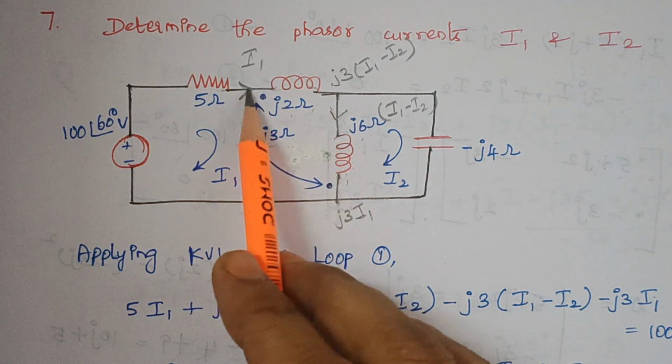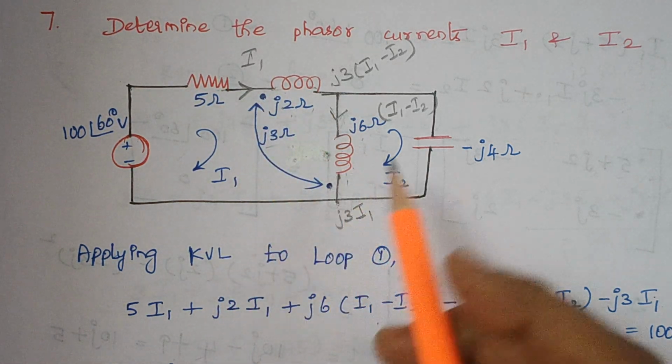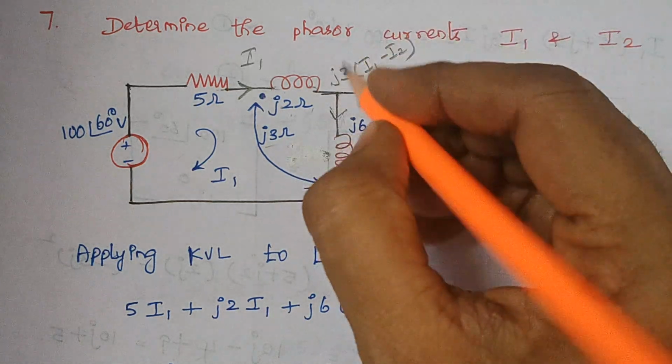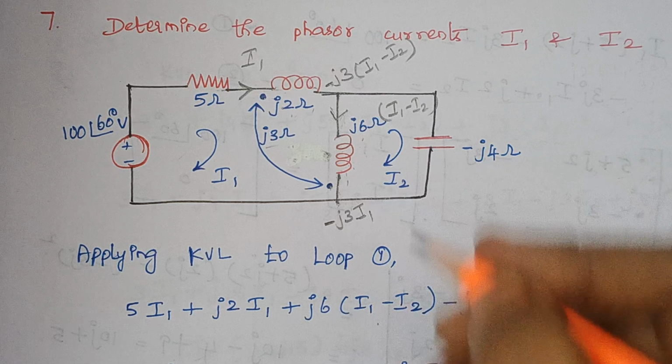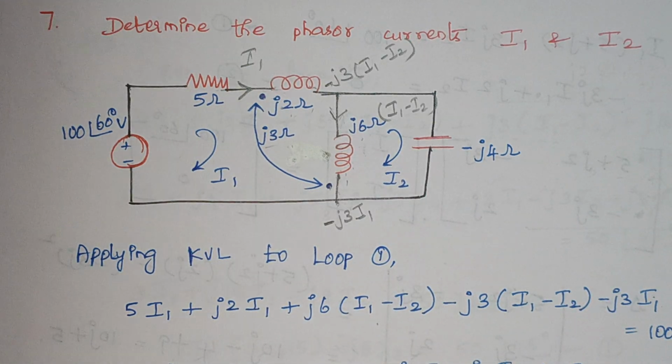Here the current enters at the dotted point, here the current leaves at the dotted point. Therefore, we are including a minus sign for both these voltages. Here I am not going through the logic, I am just telling you the simplest way to solve this problem.